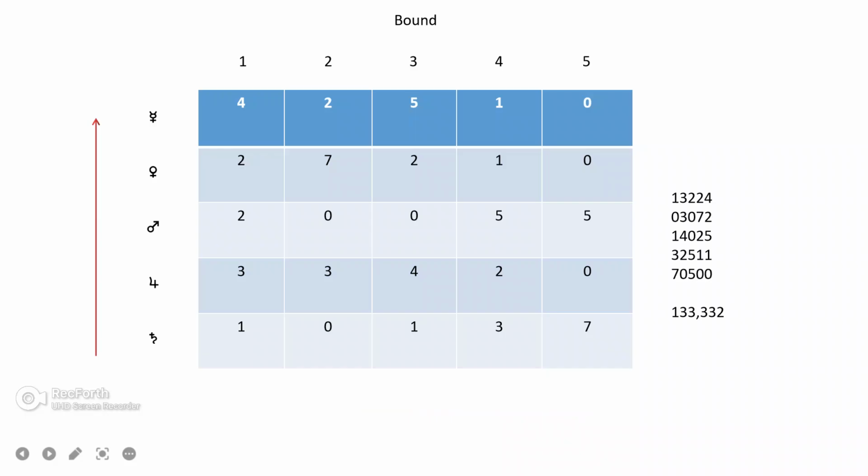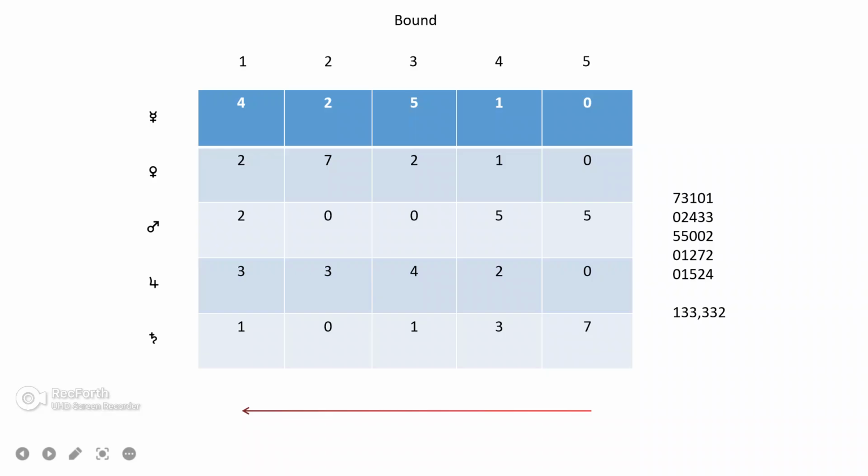So then I did it the other way. And used the rows and went up the columns. And added them together, again, 133,332.